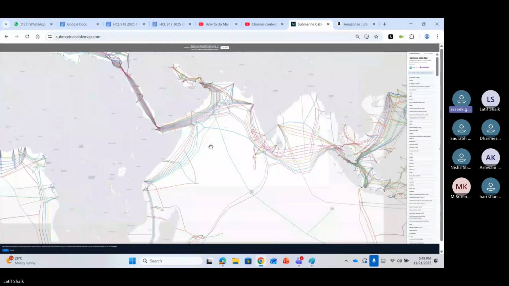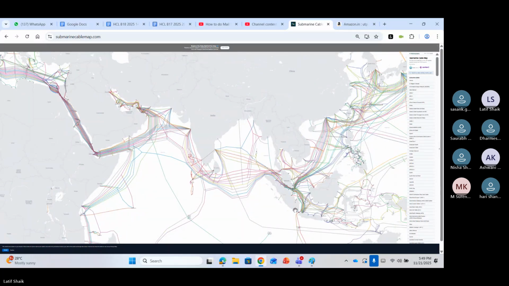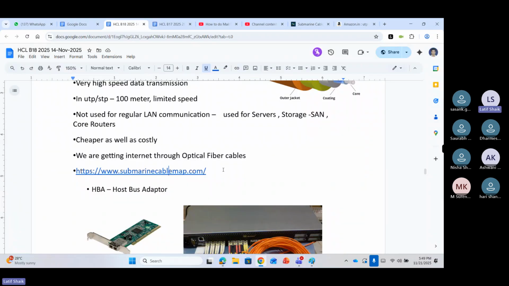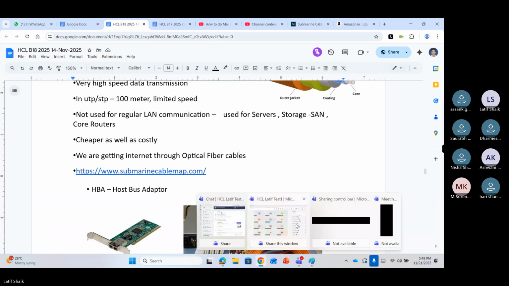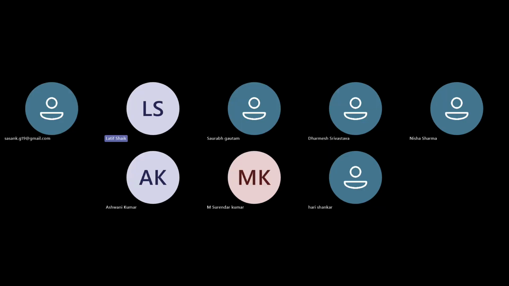Sir, we can't see anything. Only this one, everything. This one we can see. I'll stop sharing and I will share it again.